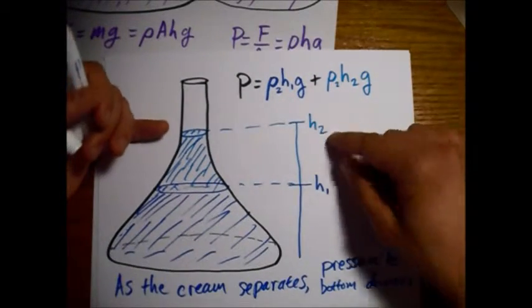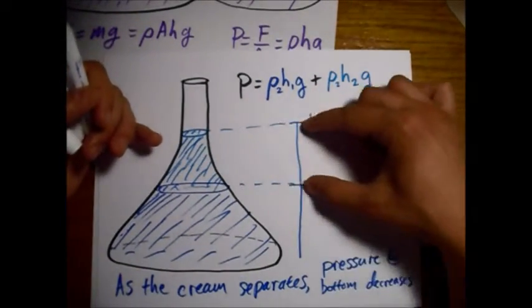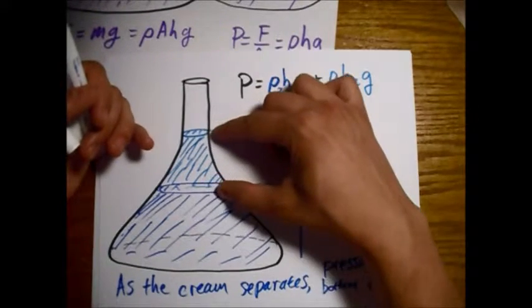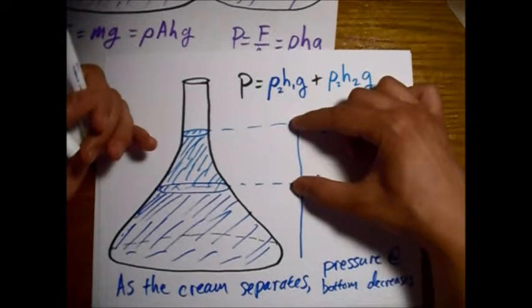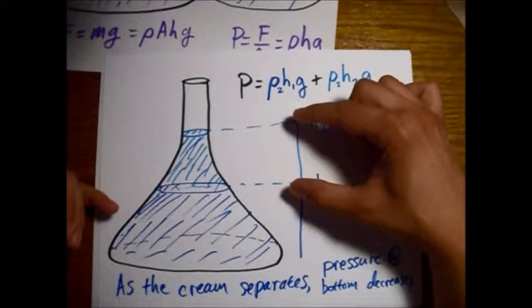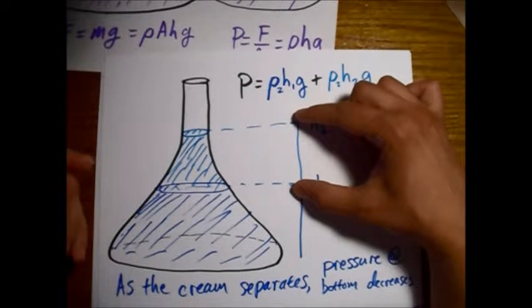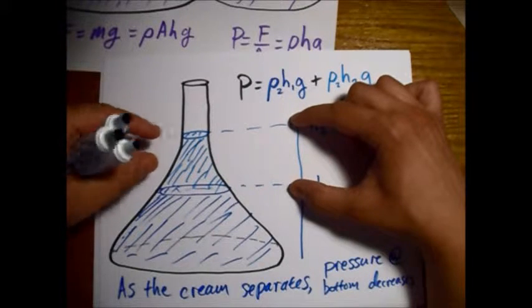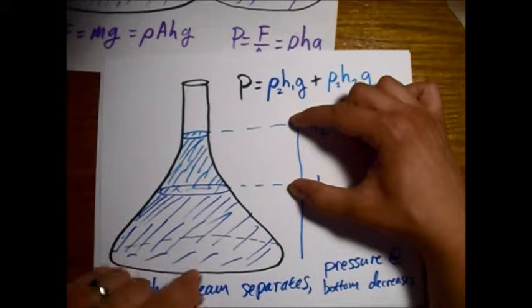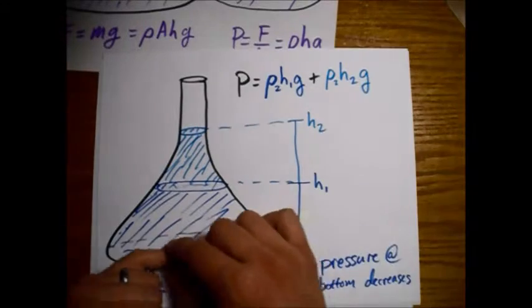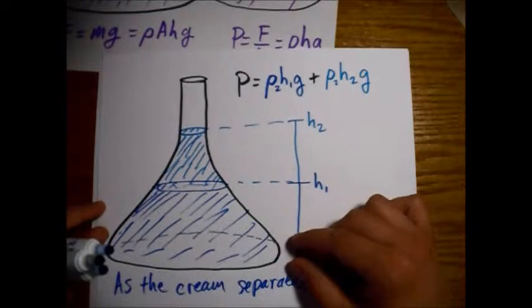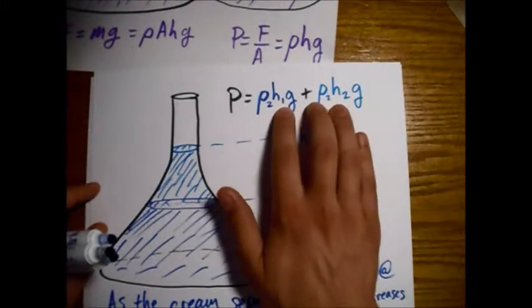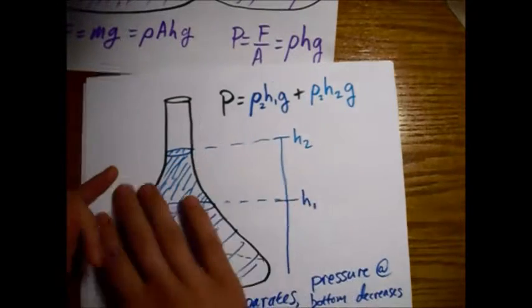I guess this H2 minus H1, or just looking at this height right here, this height is going to be larger, than if the cream all sank to the bottom, where it spreads out over this wide area and you just get a small height. The pressure only depends on the height, not this area.